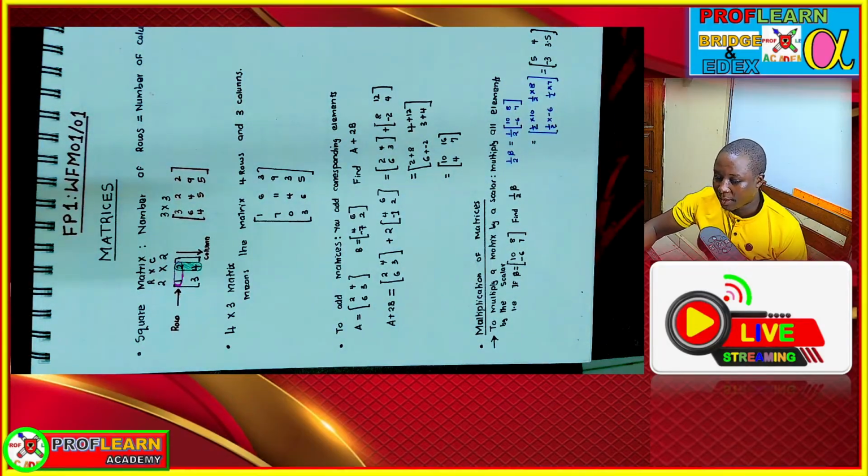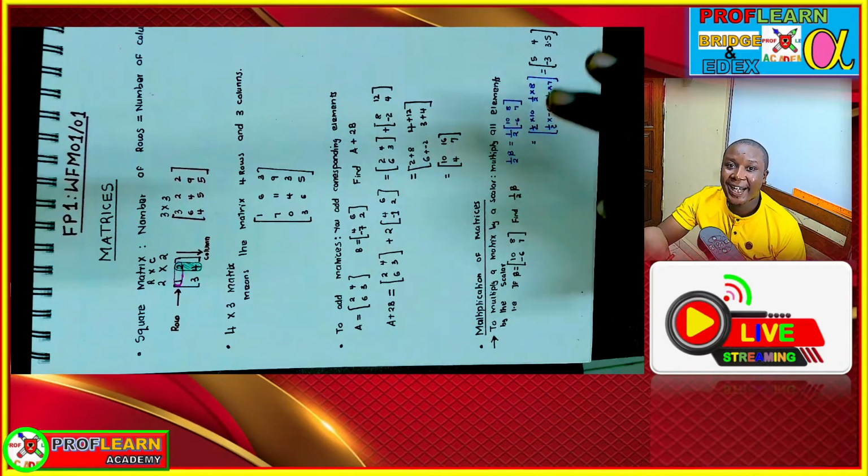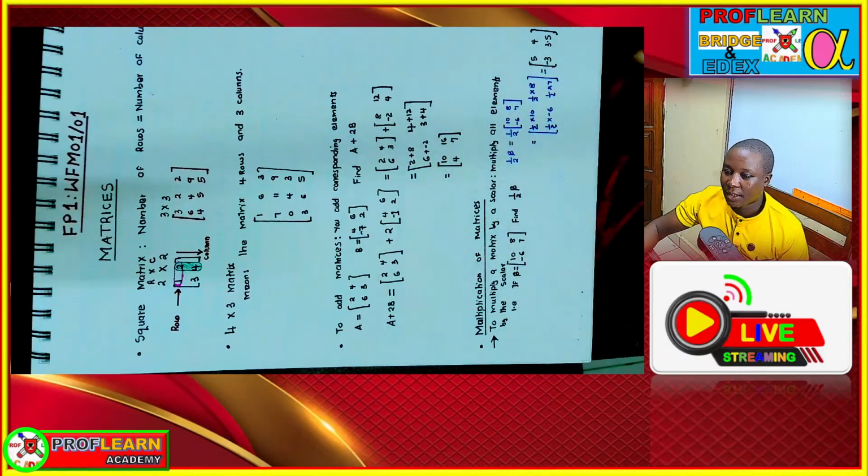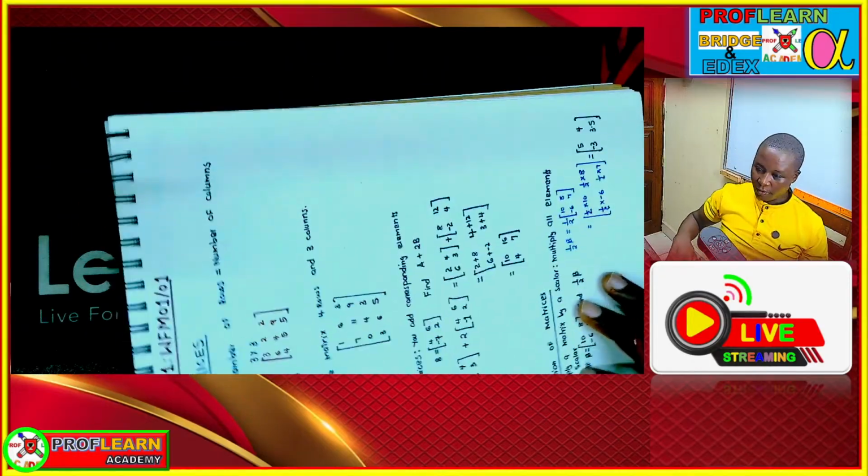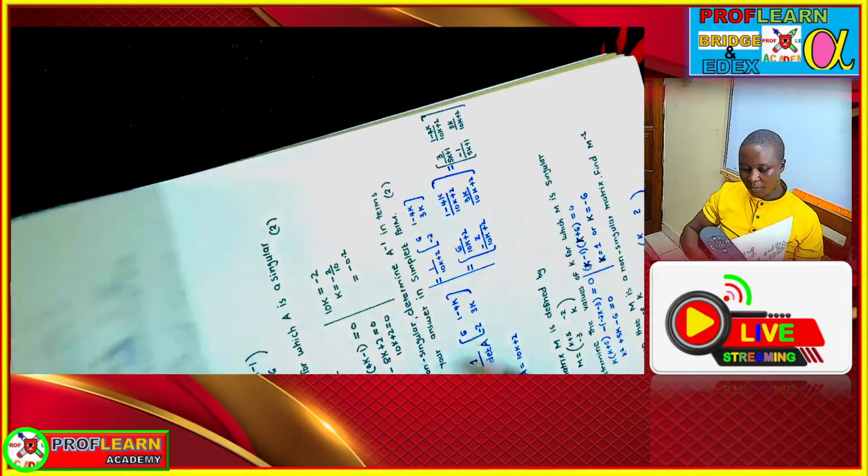So that scalar multiplier is multiplied to all the terms inside that matrix. Right, so that is what you consider whenever you are asked about multiplication of matrices.